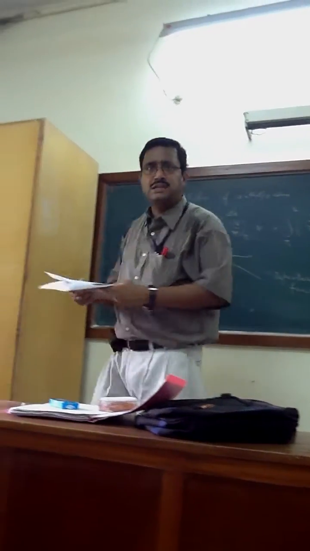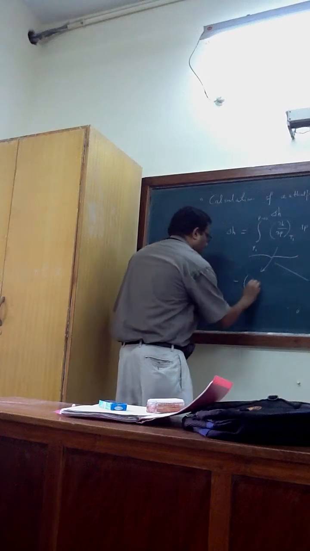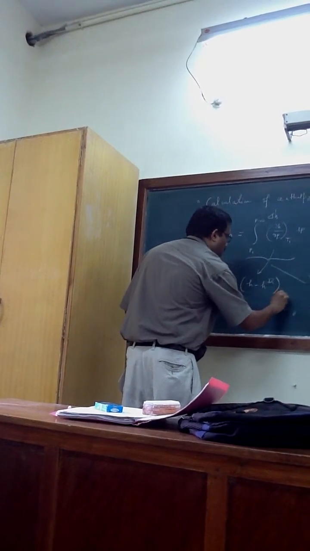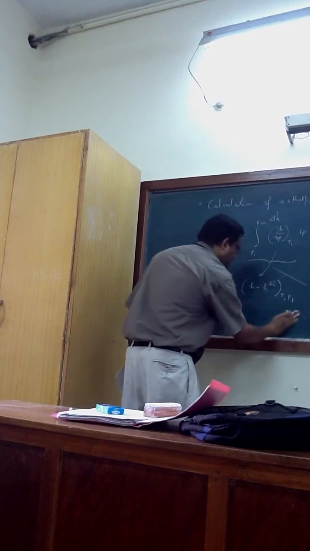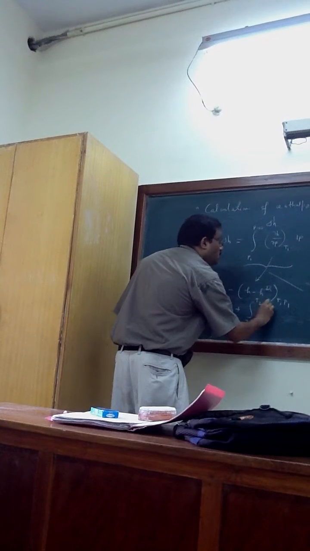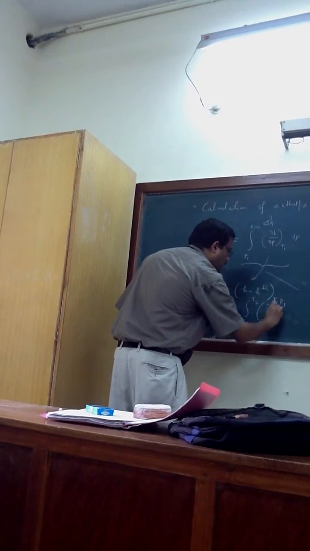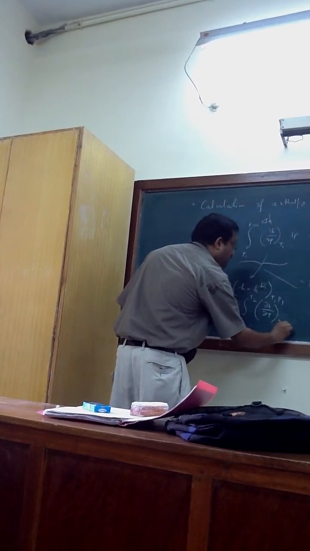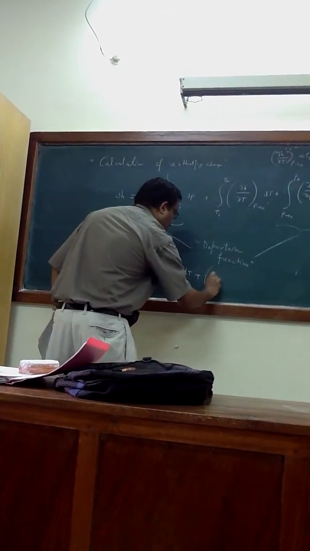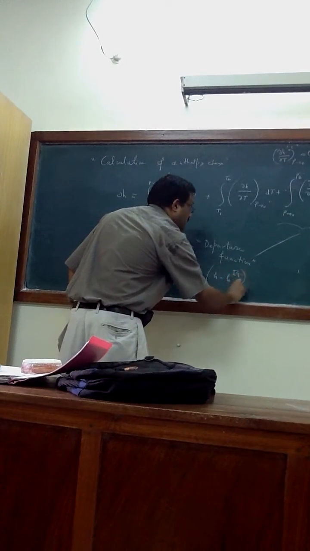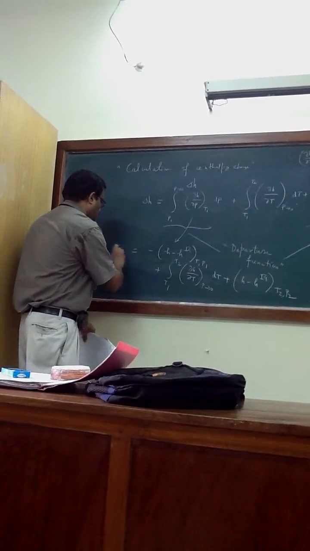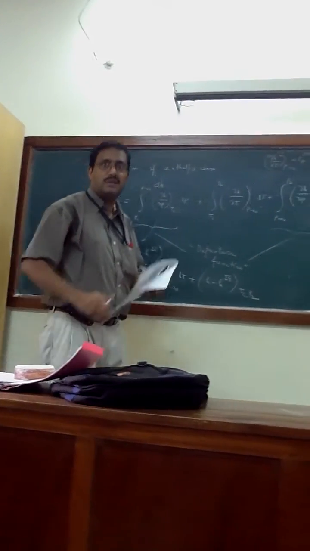So what should I write? Minus of H minus Hig at temperature T1, P1, plus integral T1 to T2 of dou H by dou T at P tending to 0, dT, plus H minus Hig at T2, P2. This is your delta H. Clear?